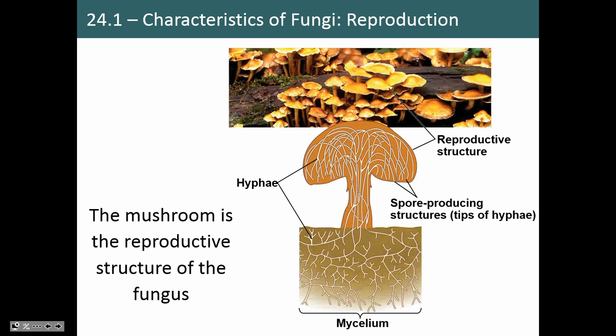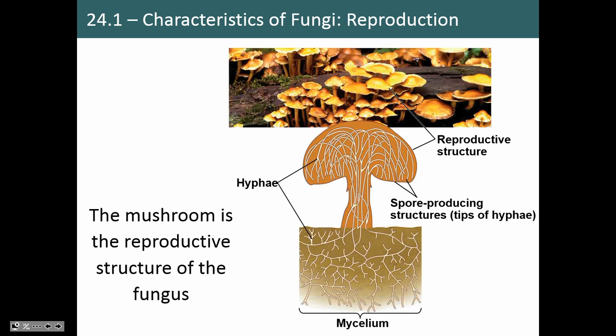Okay. And then I keep alluding to this when you see a mushroom, or you see, in the case of our bread mold, you don't see a mushroom on the bread mold, but you see that fuzzy surface, right? Anytime you see the fruiting body of the fungus, that is the reproductive structure. And so in the case of our sort of very traditional looking mushroom here, we have underground all of this mycelium that is branching and interwoven and feeding off of the decomposition in this organic matter in the soil.